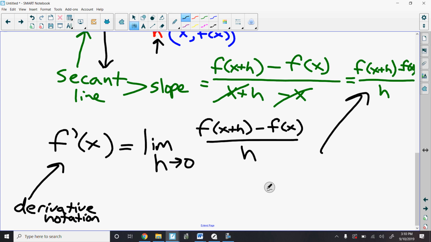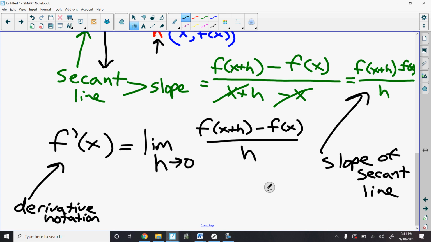Now, with functions, that means the function's undefined. But limits can handle 0 over 0. Okay? And again, this f of x plus h minus f of x over h is coming simply from the slope of the secant line. That's where we get that.